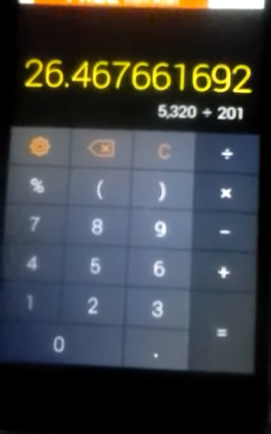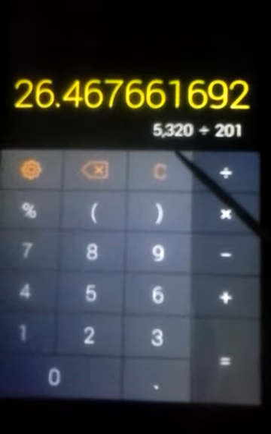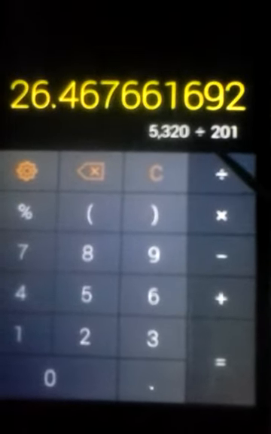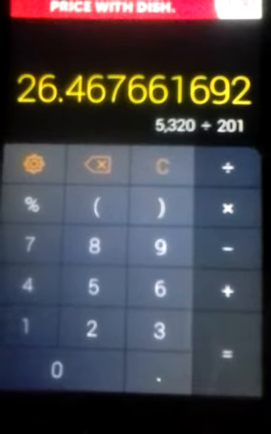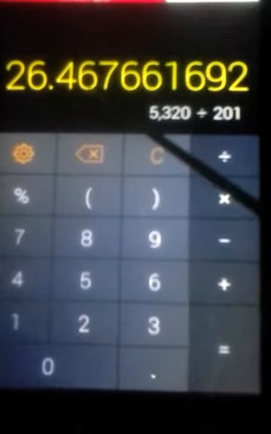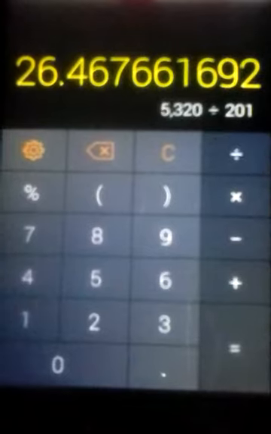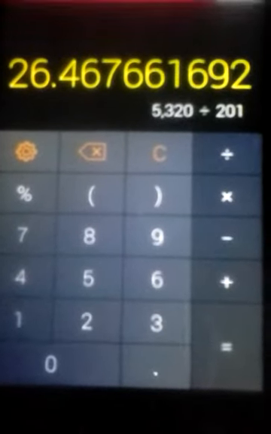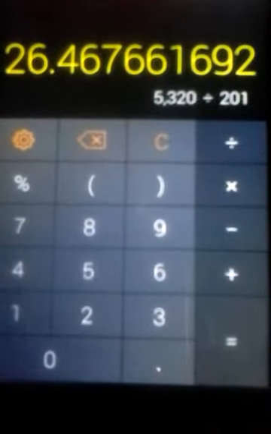Once again, this is when I add on to the 1 in the calculation, 5320. In the year 2015, you go 2, 0, and 1. You can see the 266. Okay, 266th day.